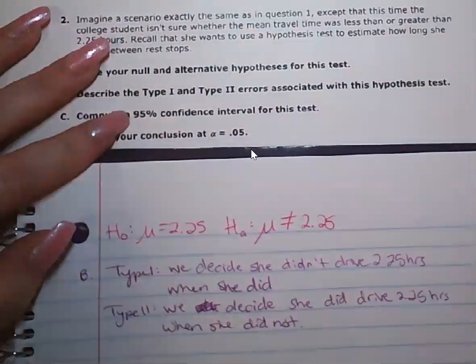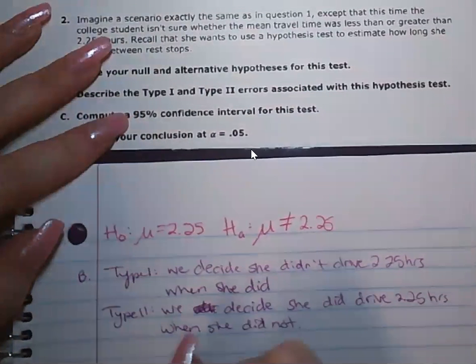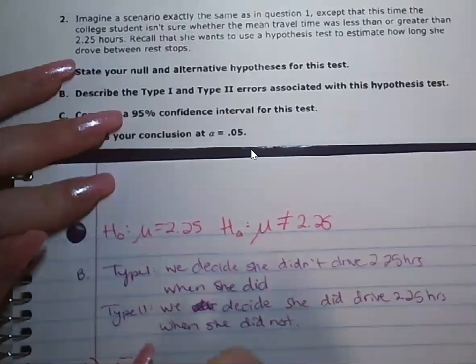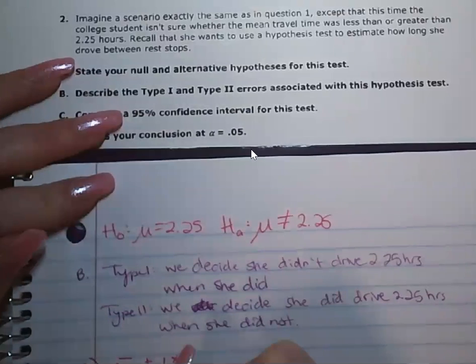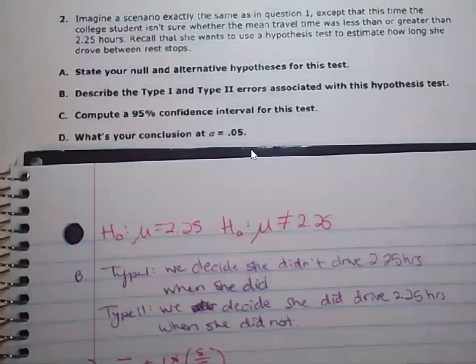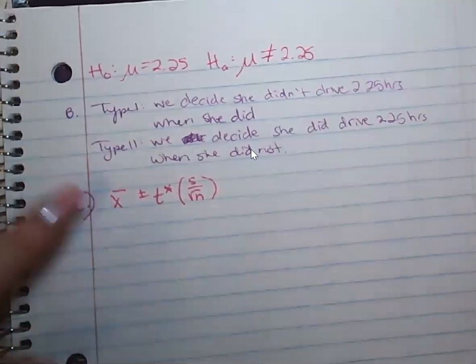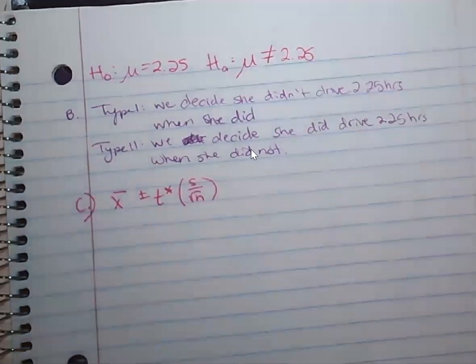So that's going to be, again, we're on part C, X bar plus or minus T star times S over root N. So that we know all the data that we need to collect. Okay, I already have X bar and S from my last problem. I'll go ahead and pull those out again.